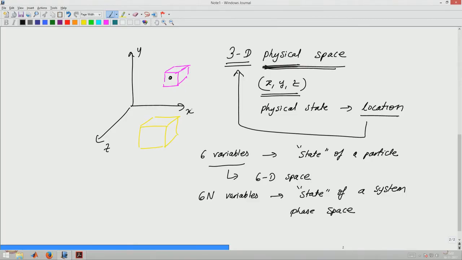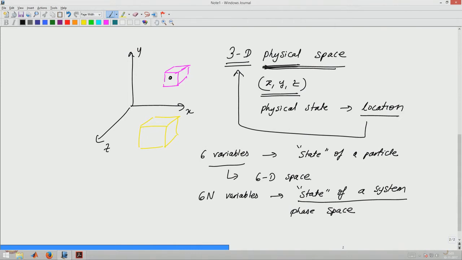Just the way here also, if we just specify x and y, there is a whole lot of possibilities of z, in fact infinite possibilities. So, just specifying x and y cannot specify the position of the particle. Similarly, when we specify the state of the system we will need to specify all the variables that are required to be specified, and these 6n variables are of course velocities and positions.